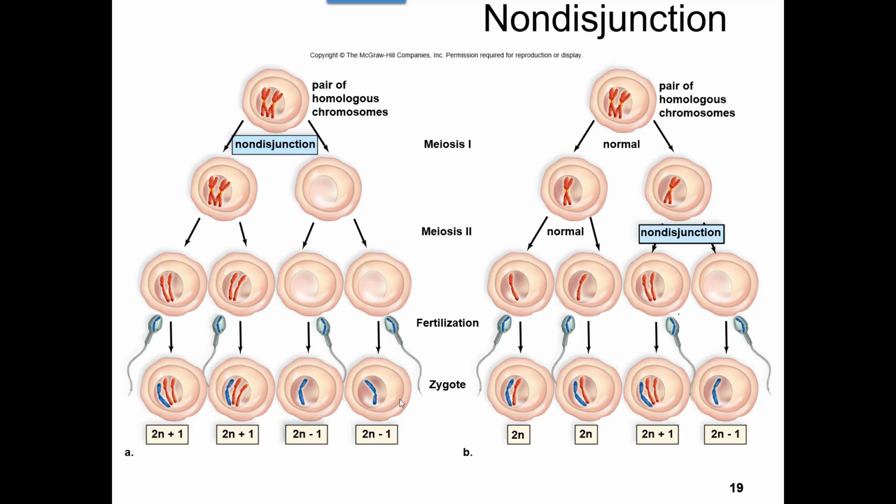If non-disjunction happens a little bit later, in meiosis II, so this is showing after meiosis I, we've halved the number of chromosomes. That's what this should look like over here. However, what if the X doesn't separate? What if those spindles don't yank the X's away from each other during meiosis II?